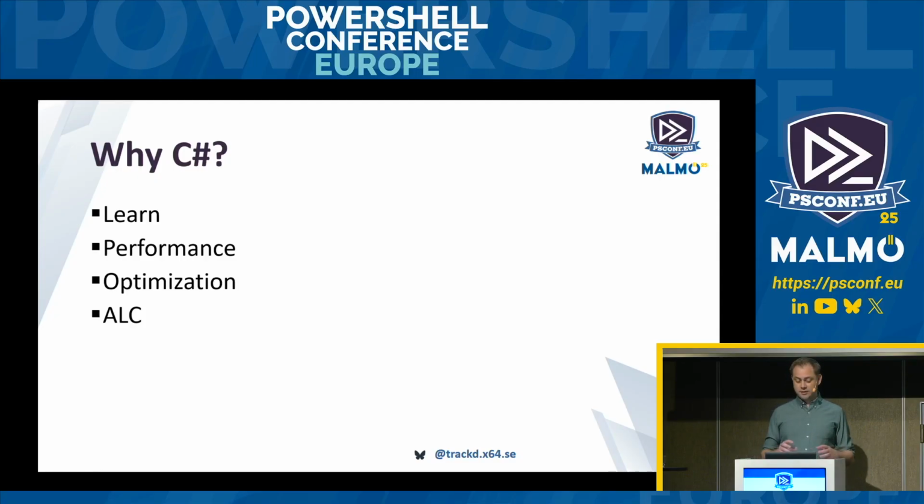Optimization, what I meant with that is not the same as performance, very similar, but with optimization, I mean that there are certain types in C# that you cannot use in PowerShell, not easily at least, like Span, for example. And threading and stuff like that is a lot easier to handle. And, yeah, memory stuff is super hard, I think, if not impossible, in PowerShell.